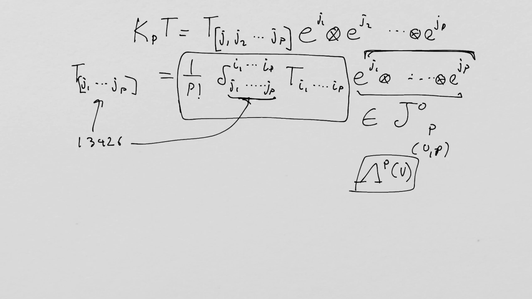So this is an example of us landing in the P-form subspace, but we're using this basis right here, which is redundant, right? Knowing that we can combine, because of the nature of the components, a lot of these things together, we end up with the strict basis, which would be E J1 wedge E J2 dot dot dot E JP, where J1 is always less than J2, which is less than dot dot dot less than JP.